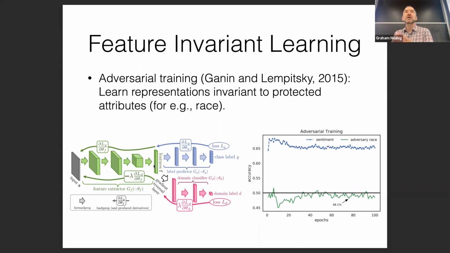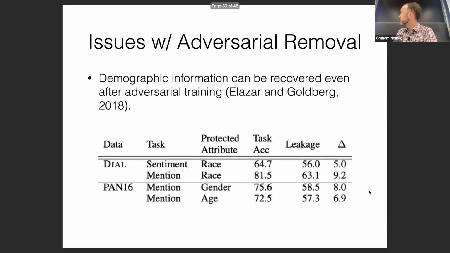This helps remove the bias by making the attributes not obvious from the features. This is a demonstration of using this with respect to race labels, and you can see that the sentiment accuracy remains relatively high, but the classification of race remains low.